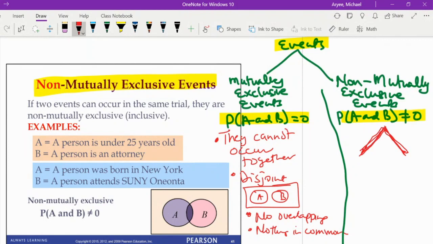In other words, when we say A and B have some overlap, we could ask ourselves, what is the source of the overlapping, right? So in a non-mutually exclusive event, we have independent events, and then we have dependent events.